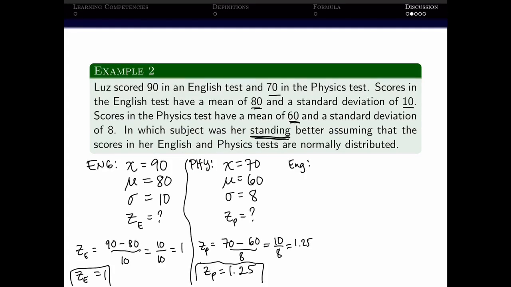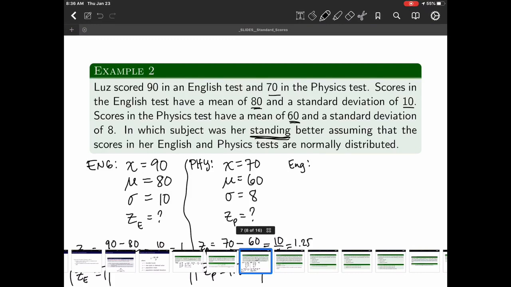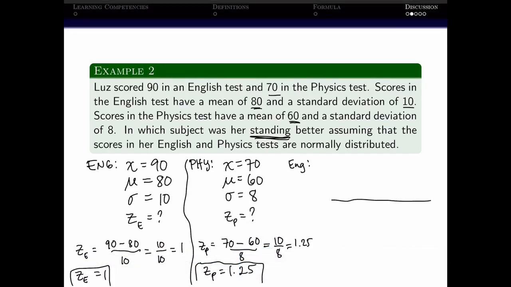Okay, for English, let's draw the normal curve. So the Z for English is 1. So let's assume Z is 1, and Z is 0.